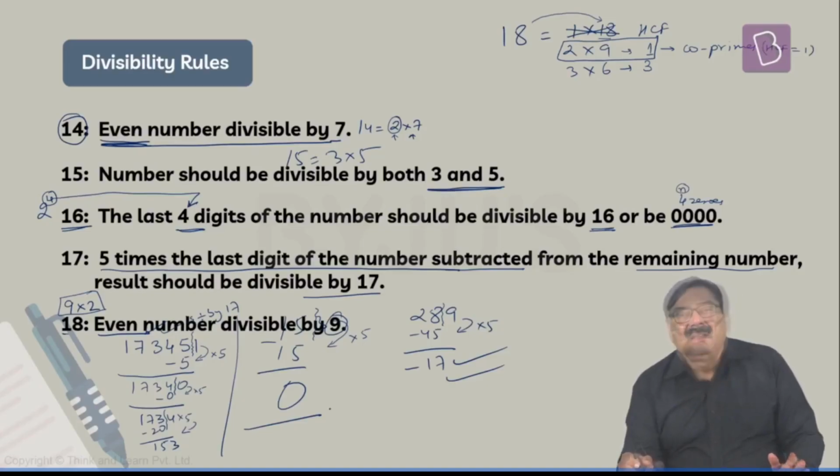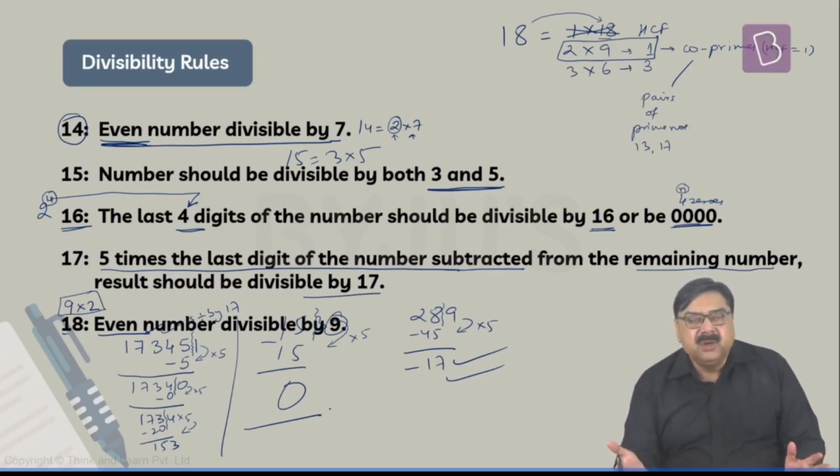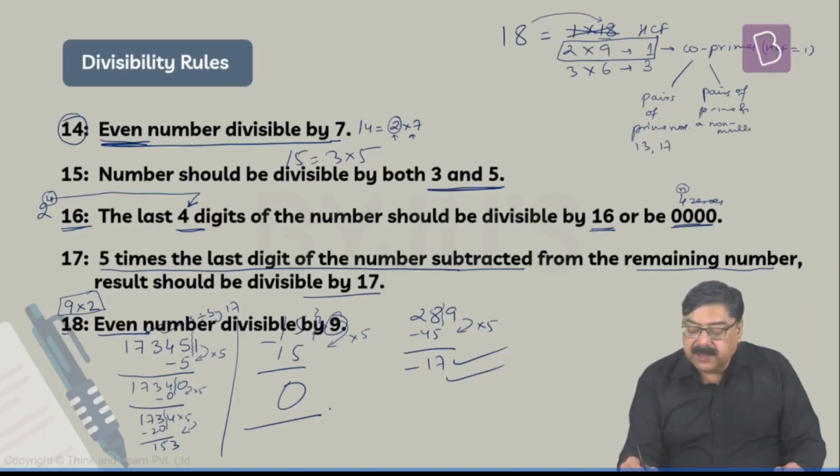Different types are there. Like the pairs of co-primes could be pairs of prime numbers. See, 13 and 17. Their HCF anyhow is going to be 1 because they are divisible by 1 and itself. Then pairs of a prime and a non-multiple of the prime. Now that means a composite number, like we have 13 and 16.